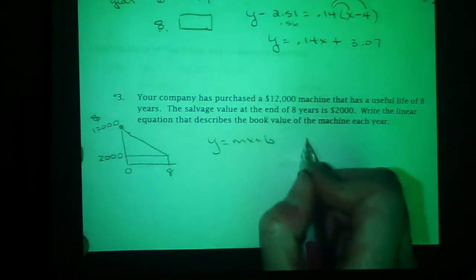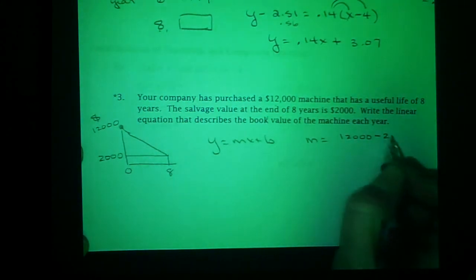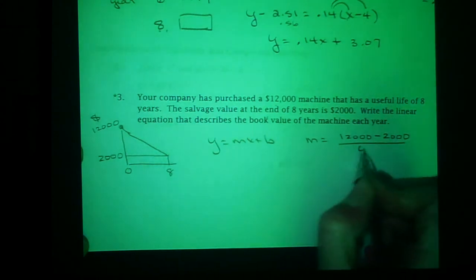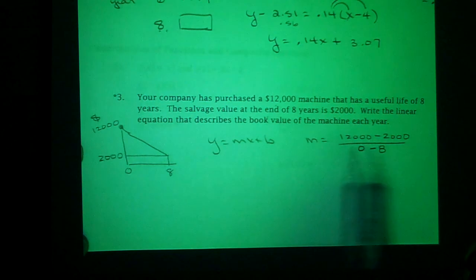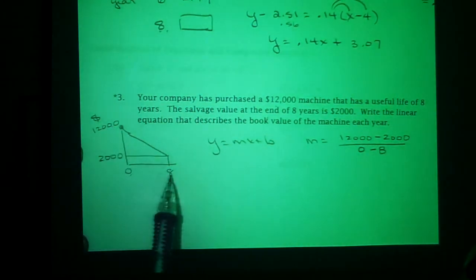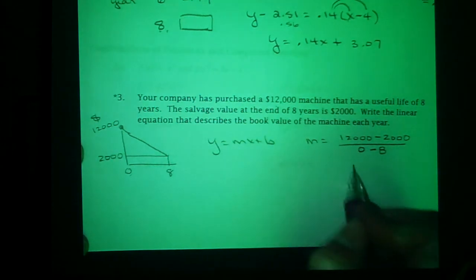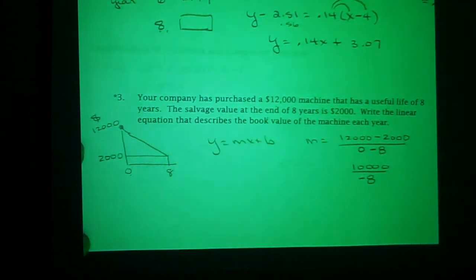And I can figure out my slope by taking the 12,000 minus the 2,000 over 0 minus 8. Notice how the order I did it is important. I got to match the 0 with the 12,000 and the 8 with the 2,000. But I should end up with a negative slope, so I know that I did it in the correct way.